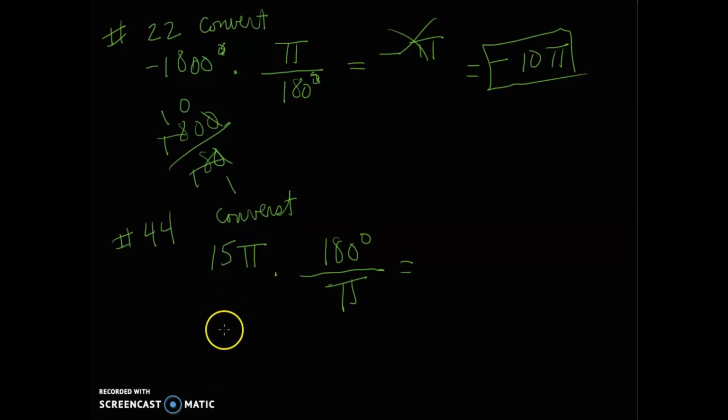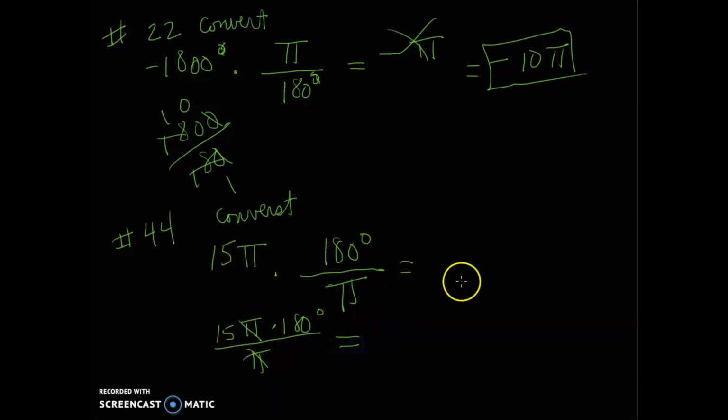So this is, let's see, 15, put everything here, pi, over 180 degrees. The denominator's pi, so these will cancel. Hopefully you've got more room on your paper.